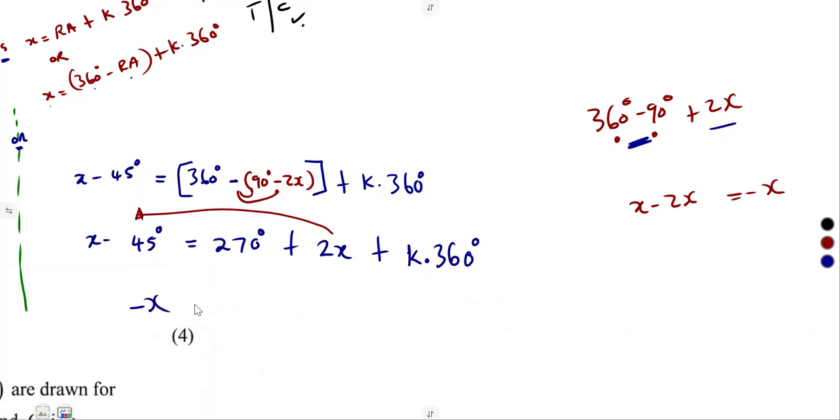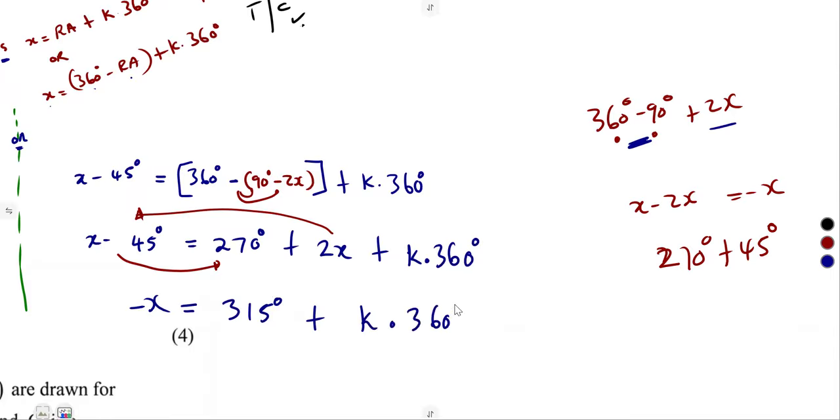So minus x is equal to, we take the minus 45 to the right-hand side, it was going to be a positive 270 plus 45. Plus what? 45. So that was going to give us 315 degrees plus k times 360 degrees.